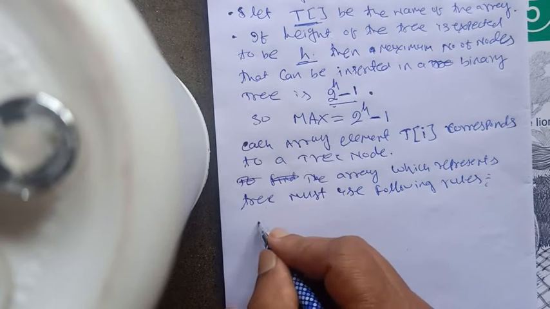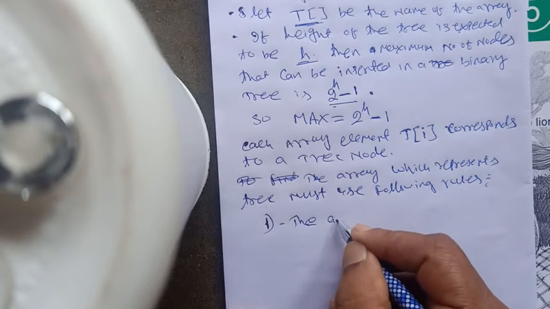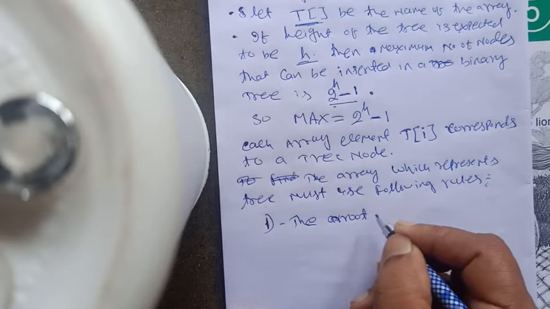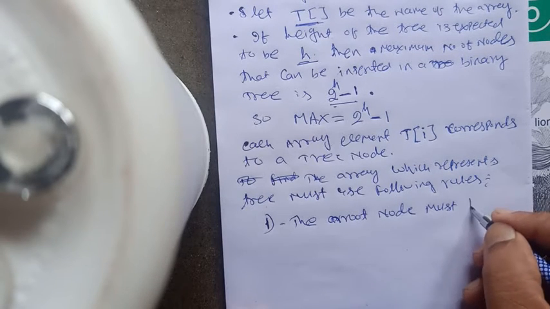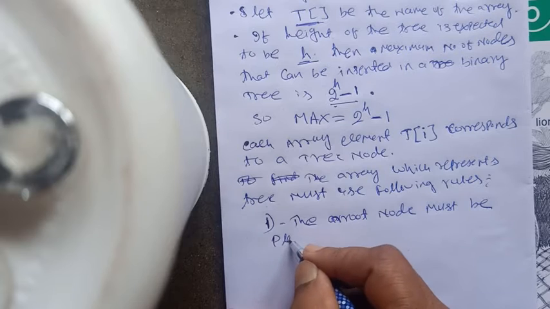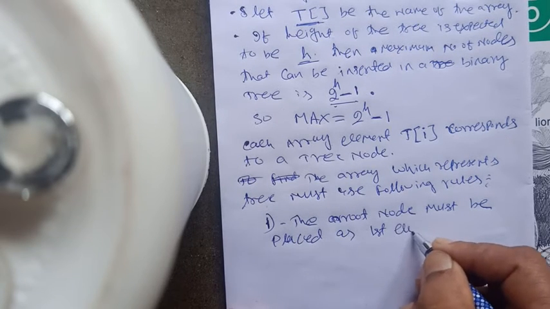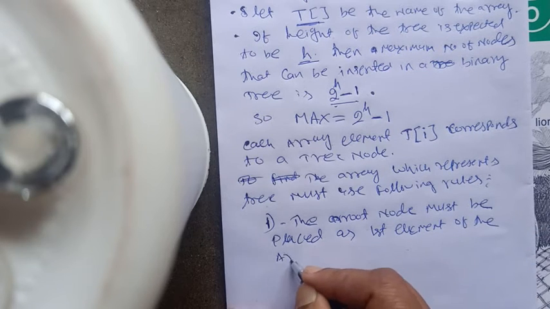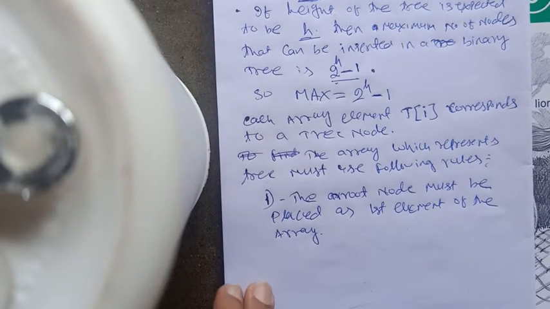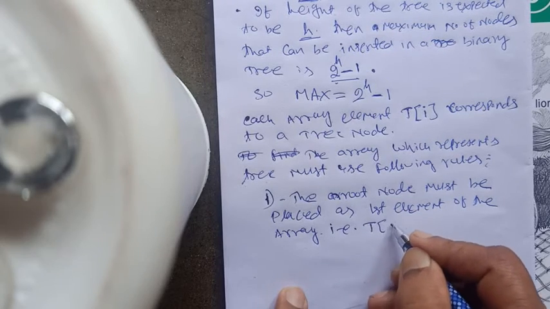So what are the rules? Rule number 1: the root node must be placed as the first element of the array. So the root node represents the first element, that is t of 1.